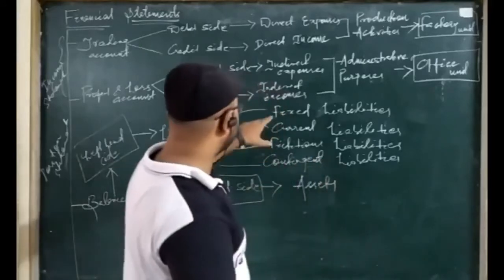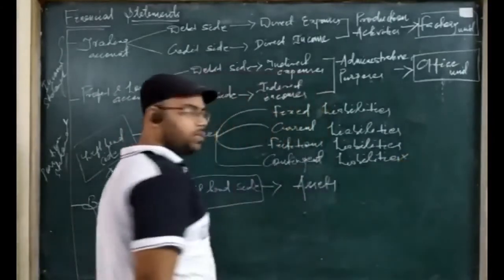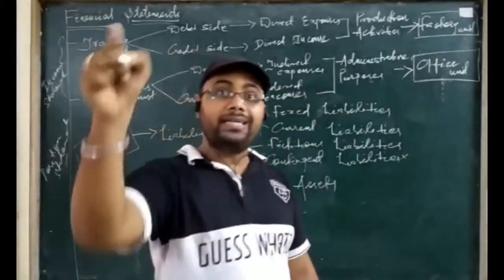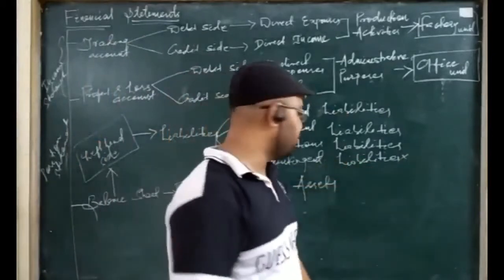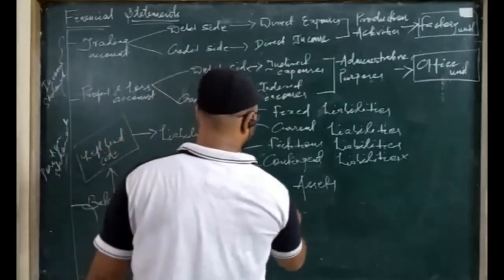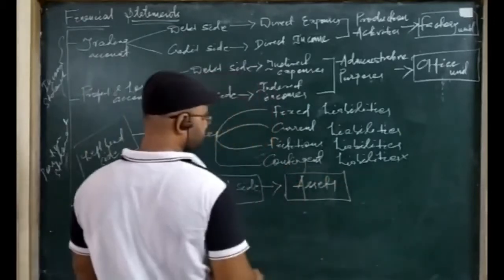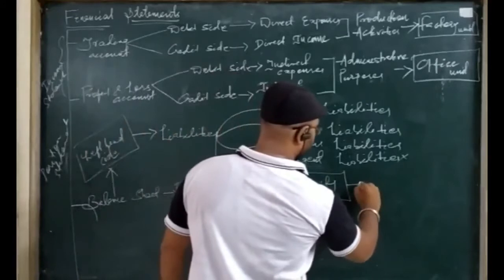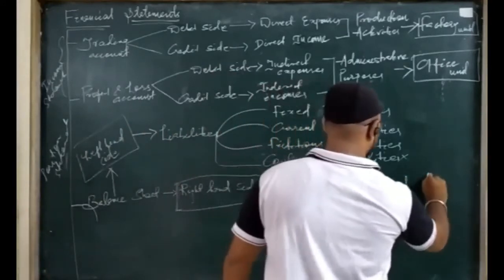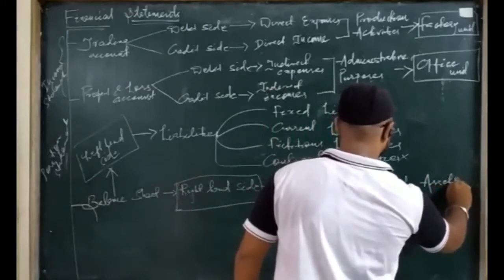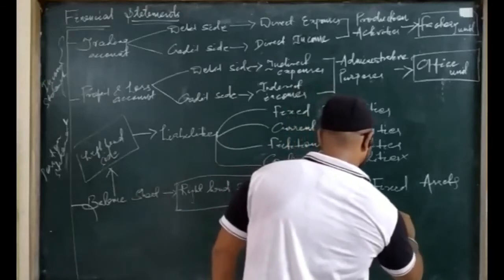So these are the four types of liabilities. This type of liability is not posted in the liability side of the balance sheet but is posted by way of deduction from the respective asset. Coming to assets, again there are certain types of assets: fixed assets, then current assets.